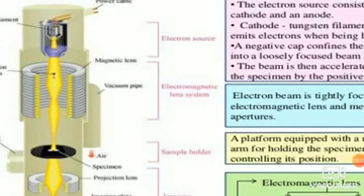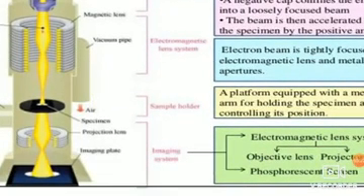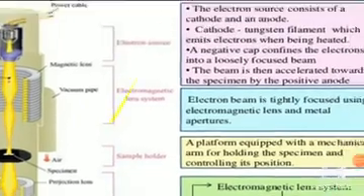And mainly the essential components are electron source, electromagnetic lens system, sample holder, and imaging system.